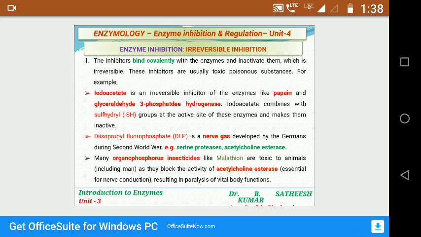In the presence of these irreversible inhibitors, like the organophosphorus insecticides, the acetylcholine esterase activity is inhibited, thereby impairing nerve conduction. The nerve impulse transmission is disturbed, and due to failure of the nervous system, the insect dies. That is the mechanism of irreversible inhibition by organophosphorus insecticides.